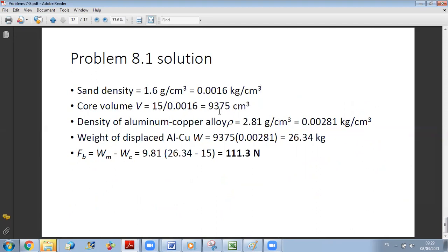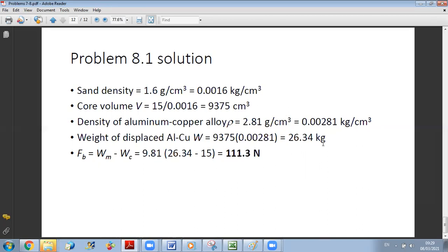And once you find the core volume, you apply the formula to find the displaced weight, as we did together. The displaced weight is rho Vg, where V is the volume of the core because it's completely immersed, rho is the density of the metal, and g is the gravitational acceleration. So we can find the weight of the displaced volume.